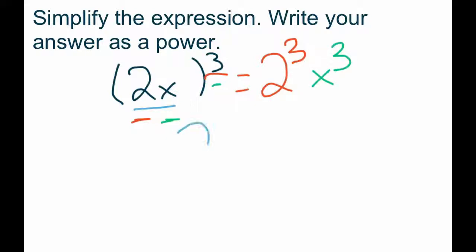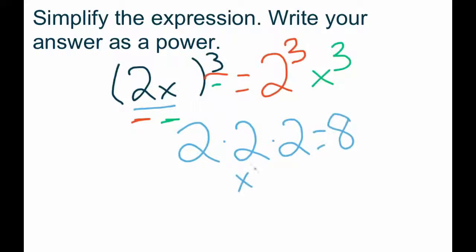Now, 2 raised to the third power is just 2 multiplied by 2 multiplied by 2, which is equal to 8. And x raised to the third power would stay as x cubed. So our final answer would be 8, as it replaces 2 cubed, times x cubed.